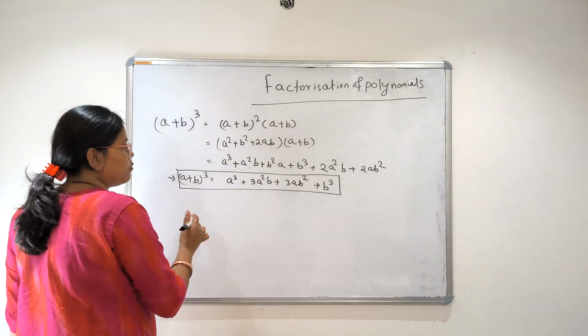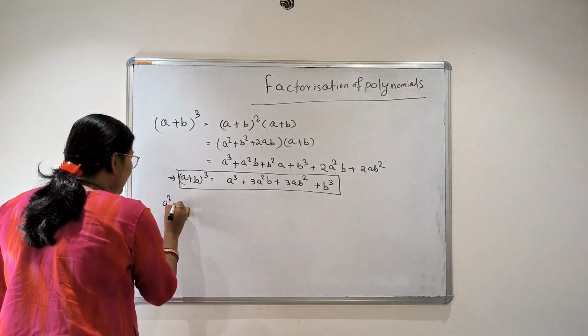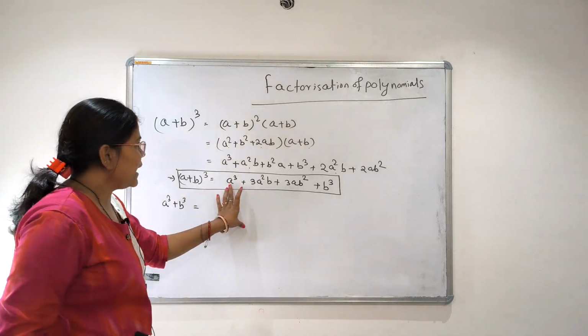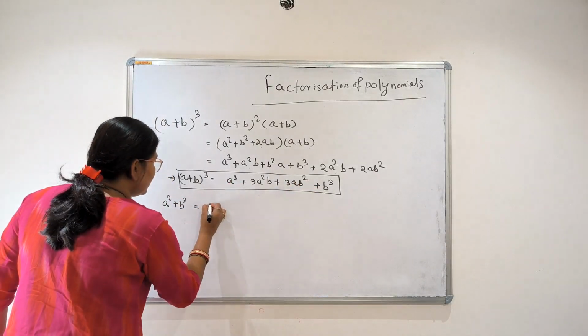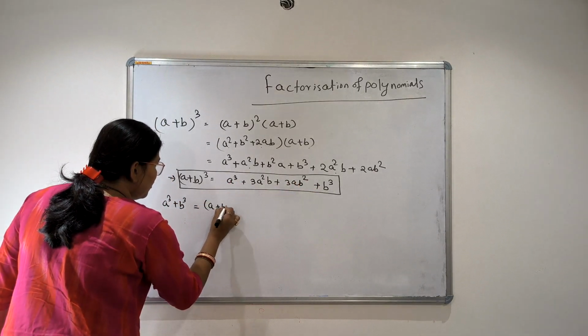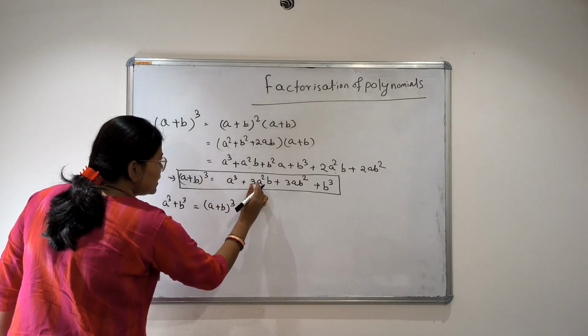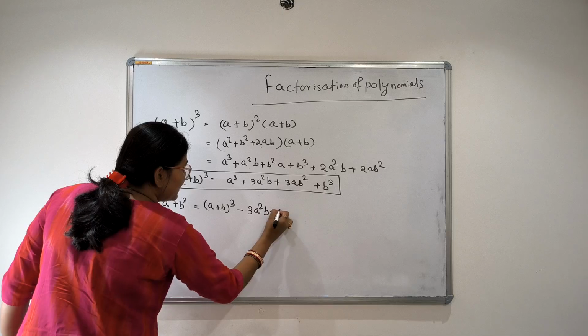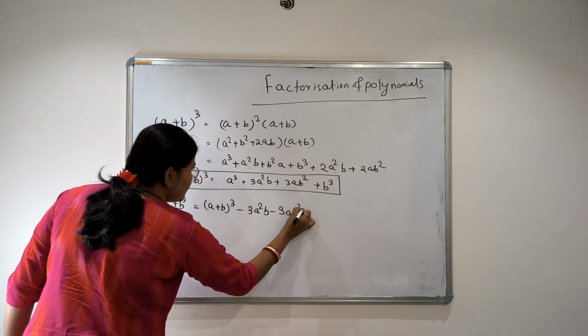Now from this formula we can calculate a cube plus b cube. So how much? A cube plus b cube is equal to a plus b whole cube minus 3a square b minus 3ab square.